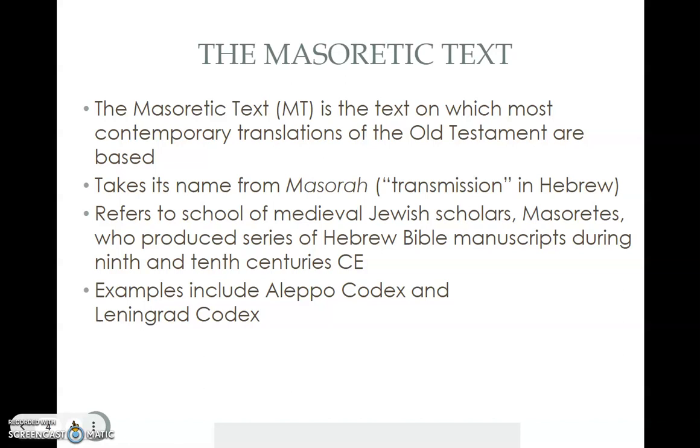And this Masora and the Masoretic Text refers to a school of medieval Jewish scholars. When I say school, I mean gatherings of rabbis that spend their days and their nights working on the Hebrew Bible, preserving it, copying it, creating mechanisms that assure that when the text was written down, it would be written down and copied with as few errors as possible.